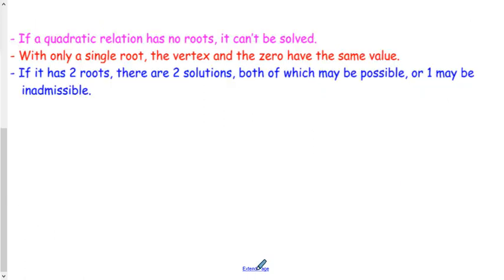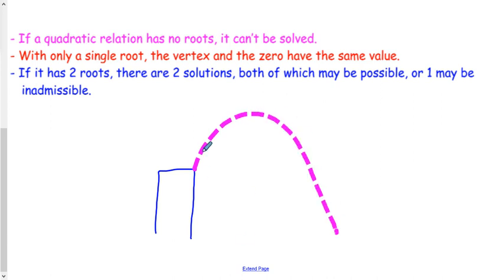Well, here's an example. Let's say we had a person who is standing on a building and they're throwing a rock, and that rock is going to go up and then back down. Now, this, of course, is a quadratic. With this quadratic, they're throwing the rock from here, so this is where they're starting, and it's ending up down here.